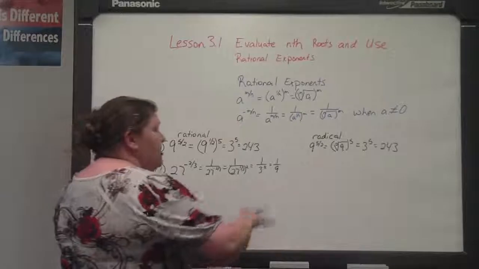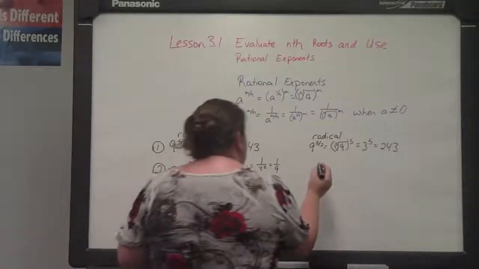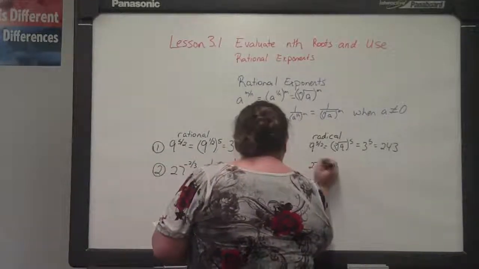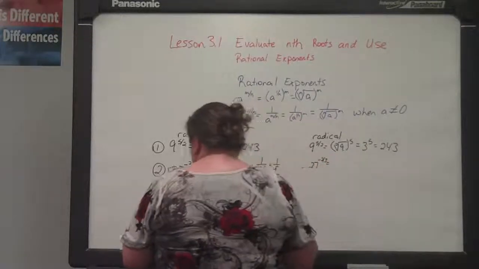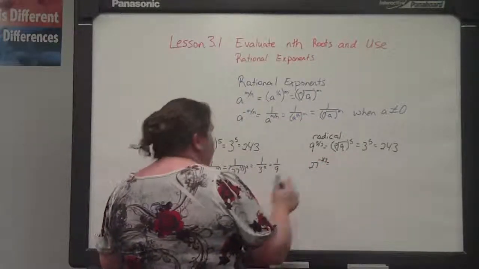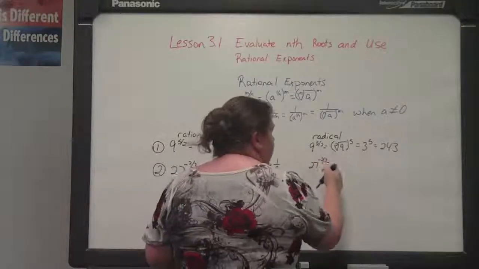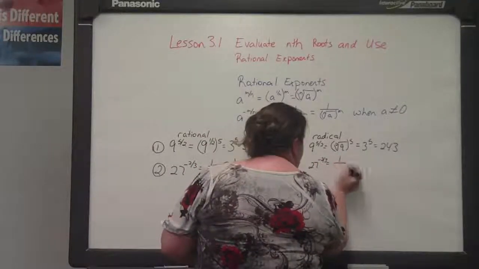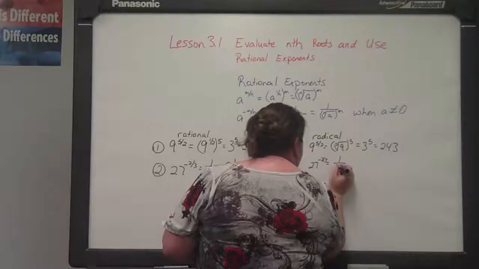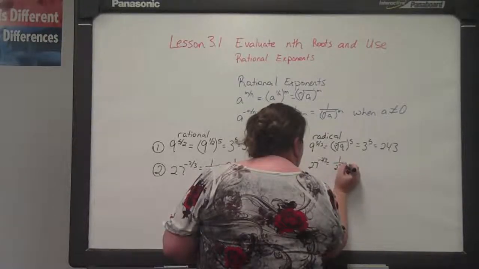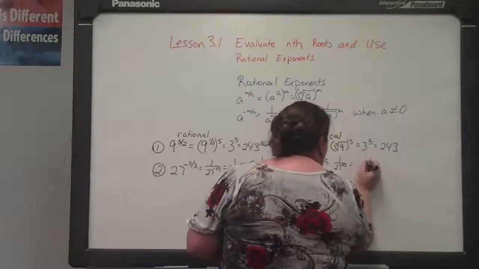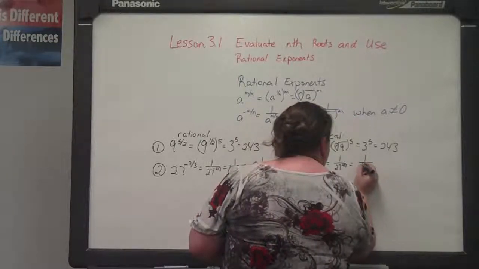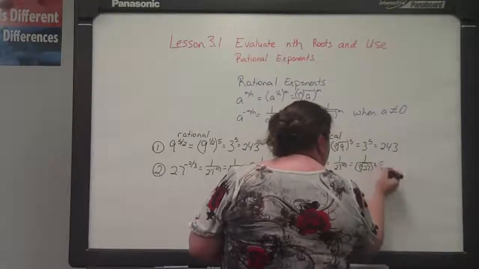So again, I'm going to look at the radical part of it now. 27 to the negative 2/3 power. The first thing I want to do, to get rid of my negative, is say 1 over 27 to the 2/3. But this time I'm going to write it as 1 over the cube root of 27 squared.